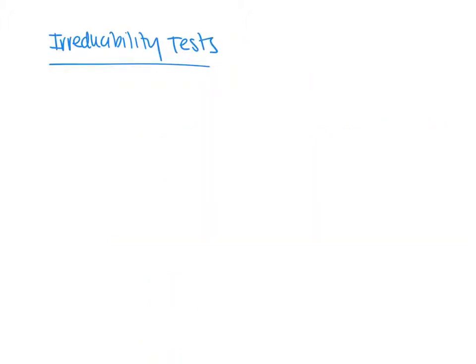All right, so let's use this new knowledge to develop some tests to check to see if a polynomial is irreducible. So there's two tests I want to show you today that are quite useful. One is called the mod p irreducibility test.